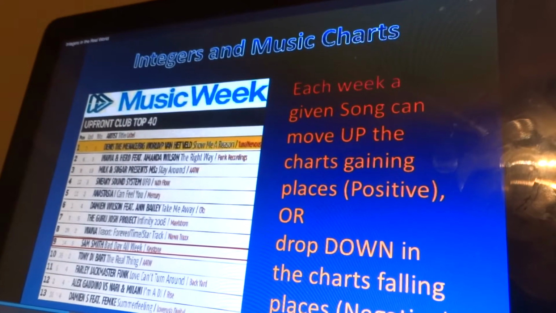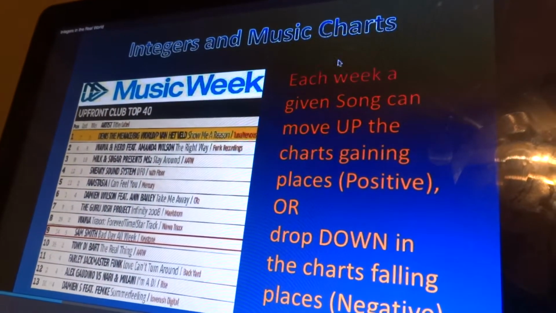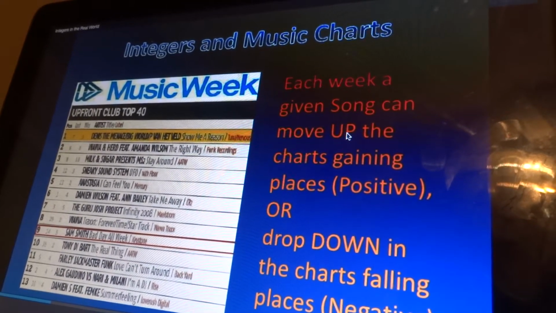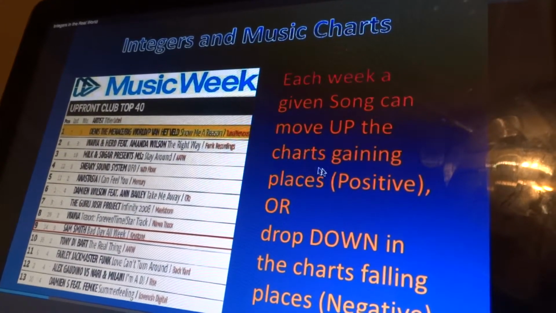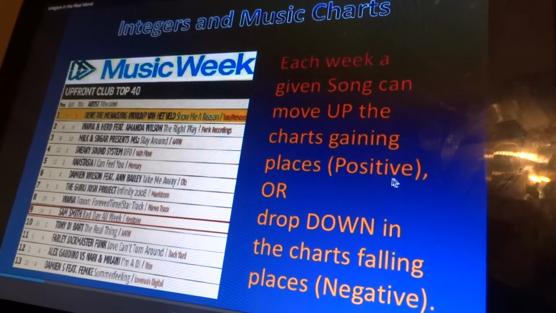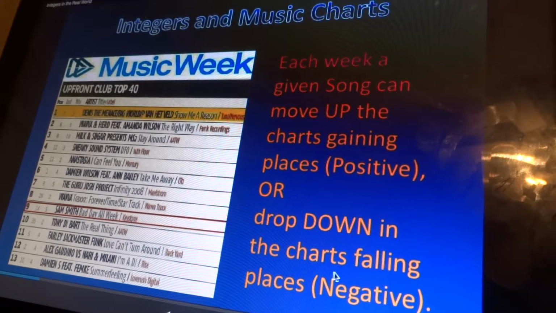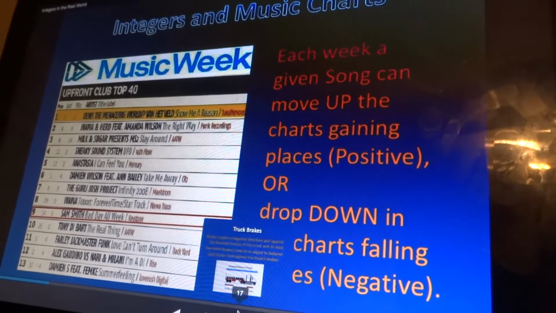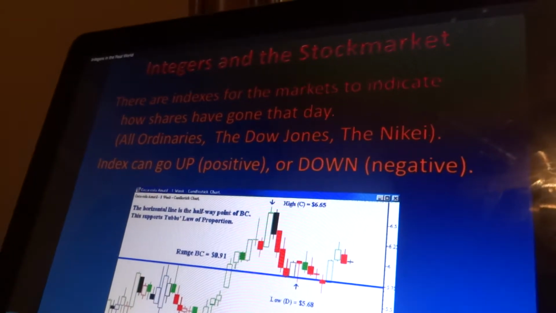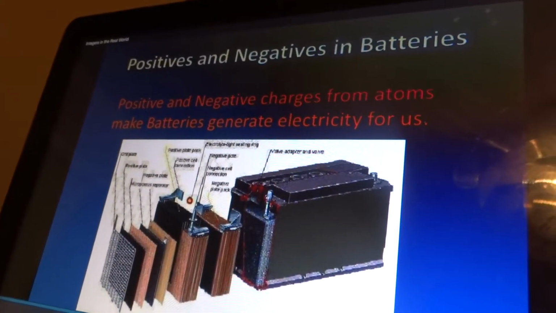So integers and music charts. We can relate integers with music charts also. Each week a given song can move up the charts gaining places. If it is gaining places, then we represent it by positive, or it can drop down in the charts, falling places, which is represented by negative. The stock market is also related to integers.